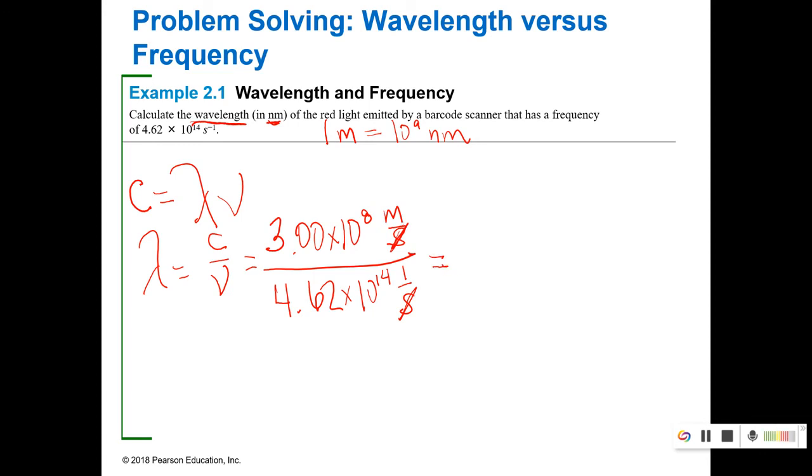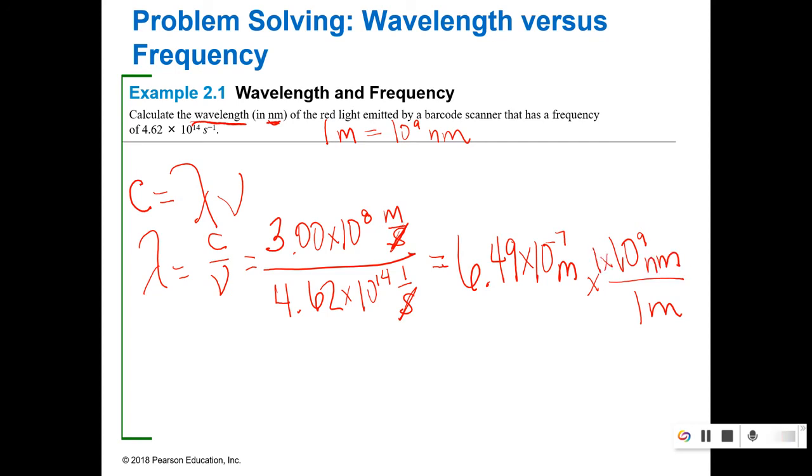Also, when you do this math, make sure you use that E button instead of the times 10 because otherwise you're going to need to use parentheses. So I get 6.49 times 10 to the -7, and that's in meters. But remember, it wants nanometers. So 1 meter is equal to 10 to the 9 nanometers, and this is 1 times 10 to the 9.